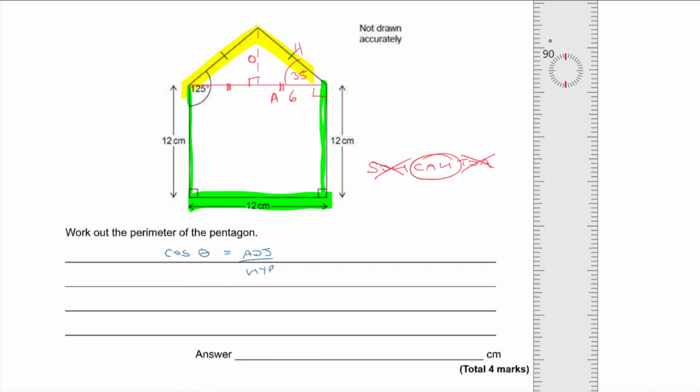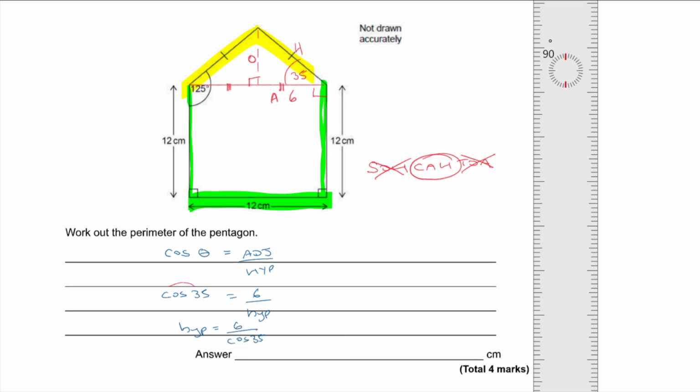Okay, subbing into the formula, cos 35 is equal to the adjacent, which is 6, divided by the height, which I'm trying to find. Okay, so rearranging that then, our height is going to be equal to 6 divided by the cos of 35.